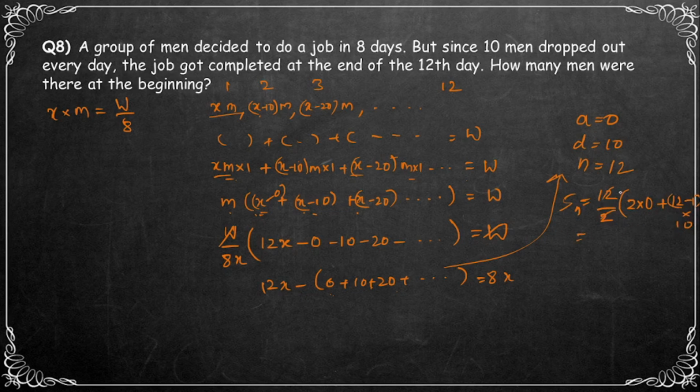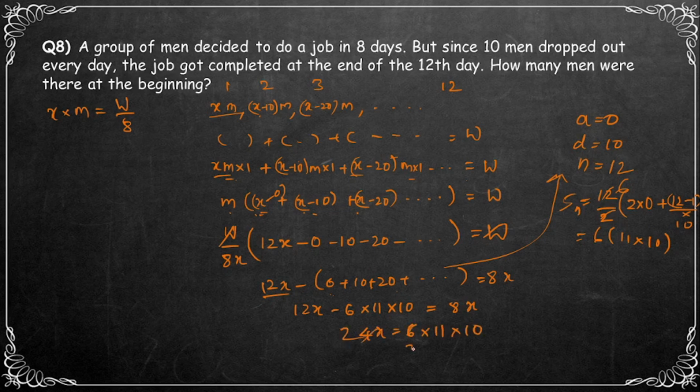So 12 by 2 is 6 into 12 minus 1 is 11 into 10. So 12x minus 6 into 11 into 10 is equal to 8x. So that means 4x is equal to 6 into 11 into 10.